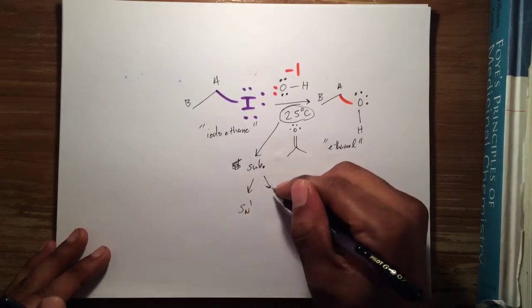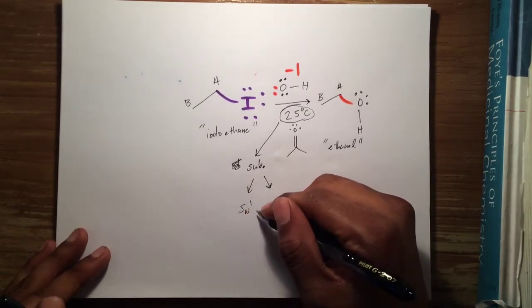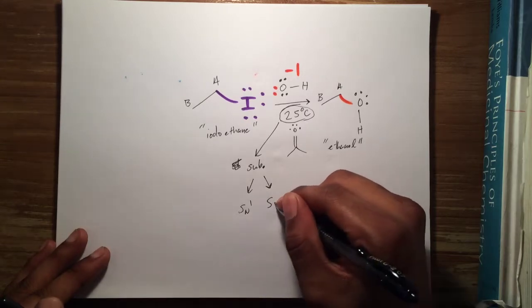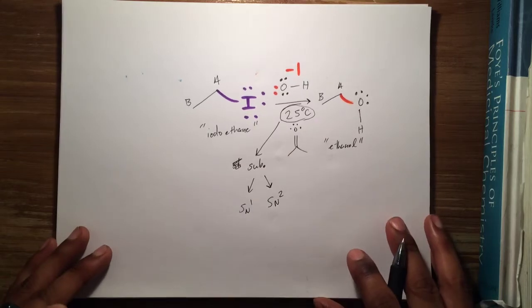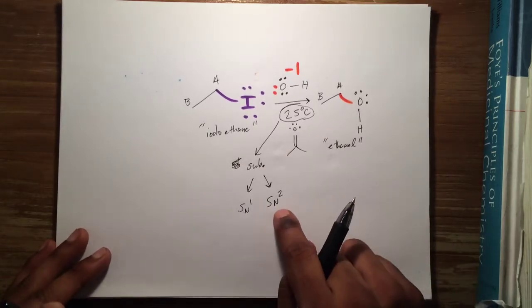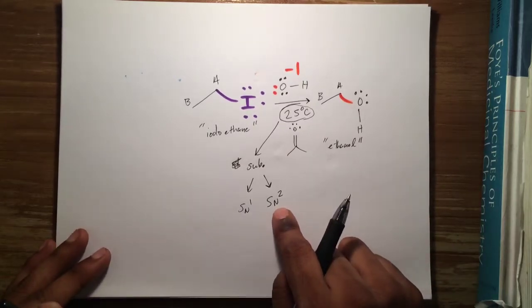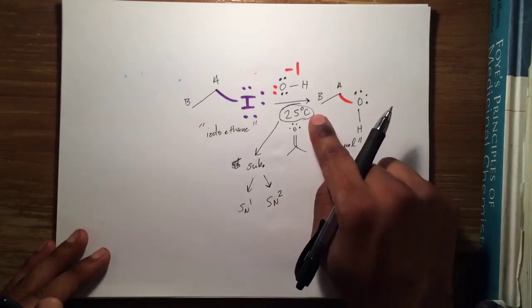We're going to talk about Sn1 just like we're talking about Sn2 in the Sn2 videos. Sn2 reactions, the focus of this series of videos, are favored at 25 degrees Celsius.